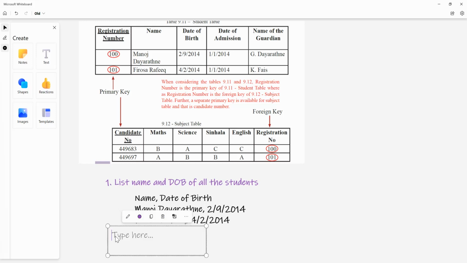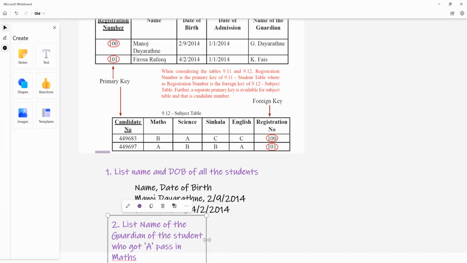Second one: list the name of the guardian of the student who got an A pass in maths. Okay, can you quickly answer this question?